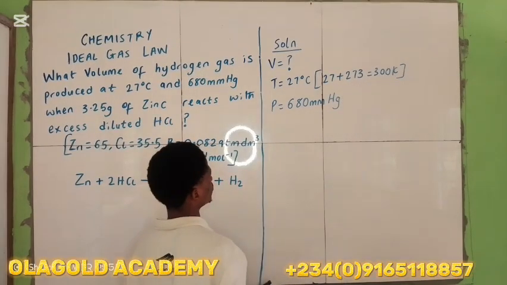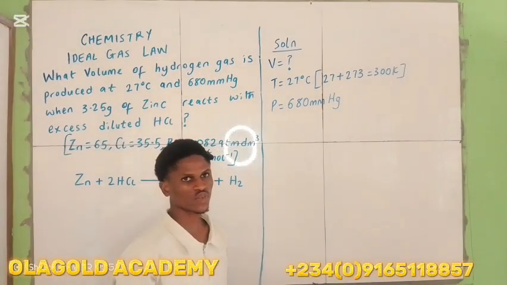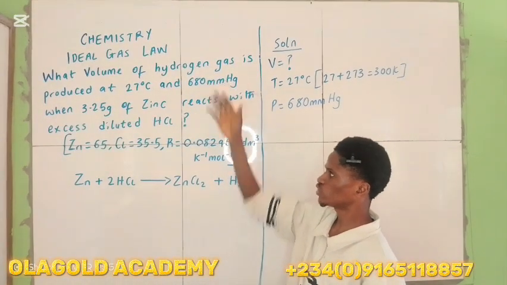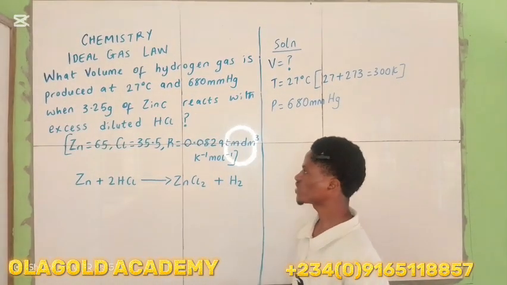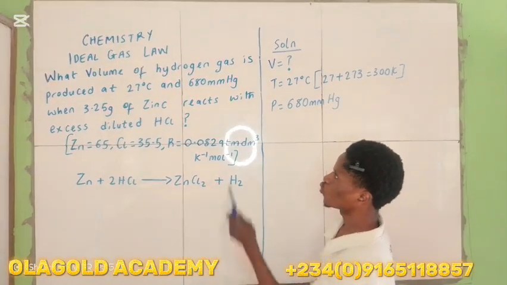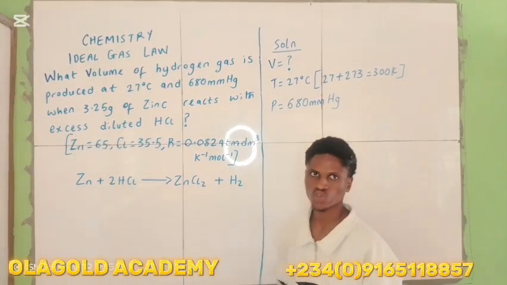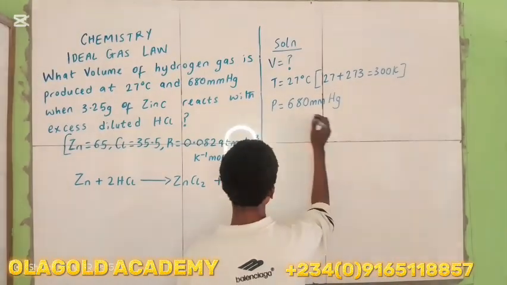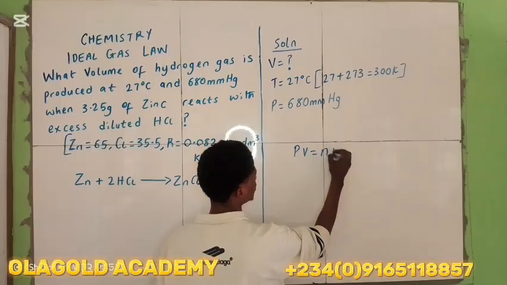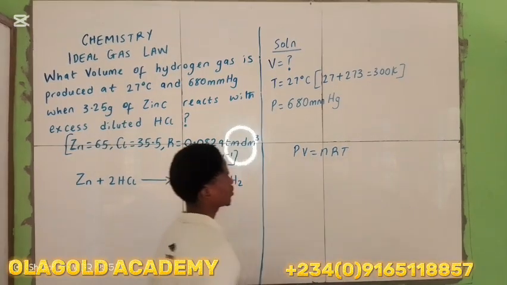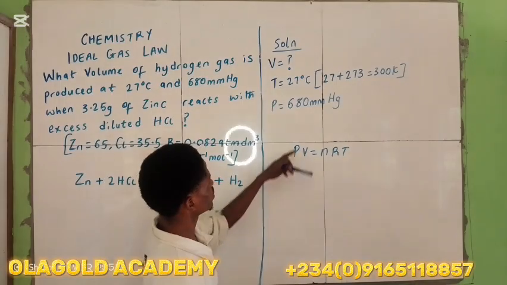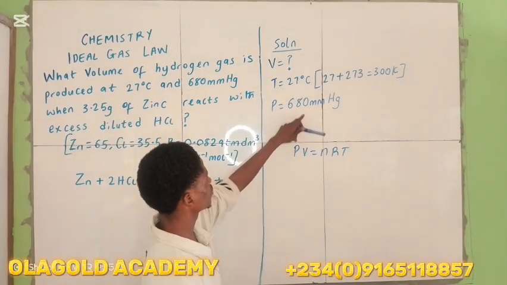Alright, the last thing we need, remember, we are dealing with the ideal gas equation, so we are given the molar gas constant here. The ideal gas equation is PV equal to nRT. Now pressure is given as 680.